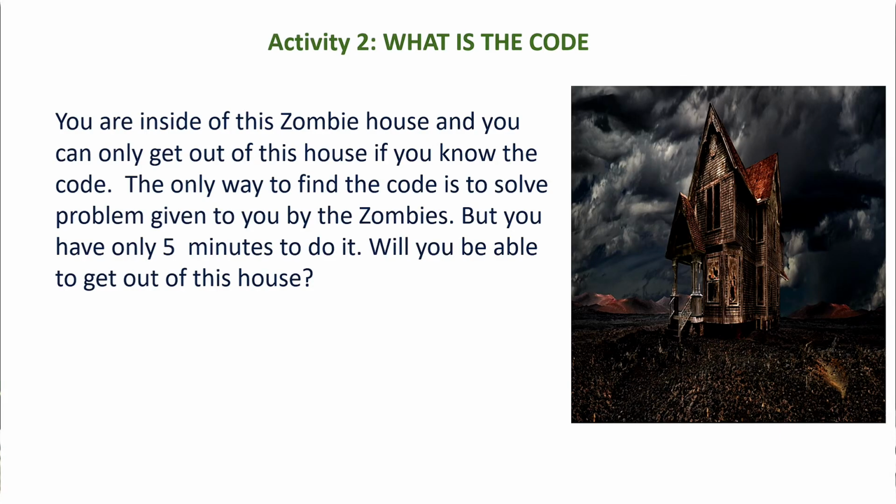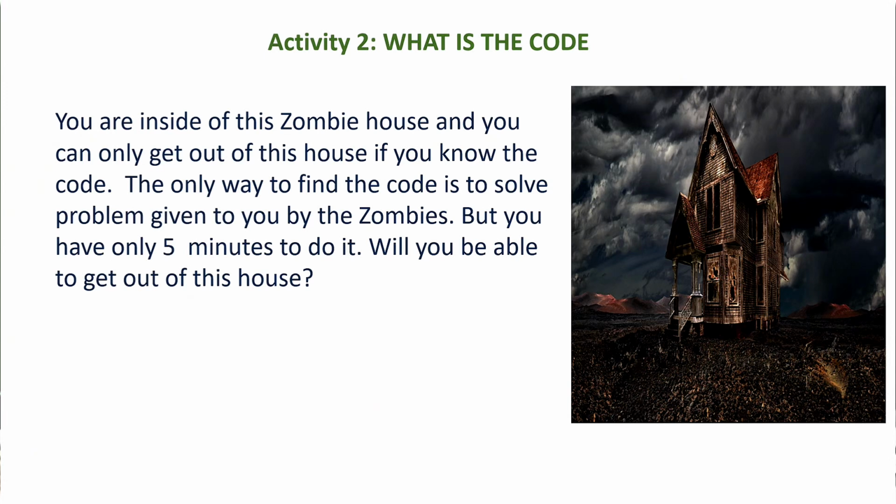Here is our activity number 2, entitled What is the Code? You are inside of this zombie house, and you can only get out of this house if you know the code. The only way to find the code is to solve the problem given to you by the zombies. But you have only 5 minutes to do it.